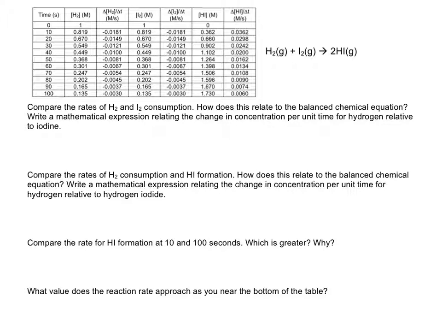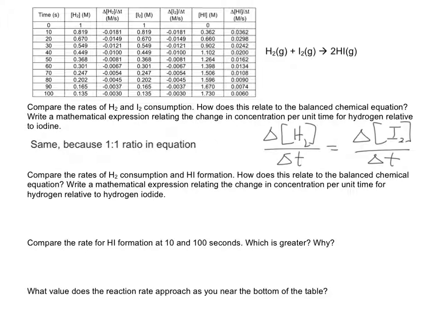So at 100 seconds, we have 0.135 left of H2 and 0.135 left of I2. So the rate of change of those two reactants is the same, and that is because the ratio in the balanced equation is 1 to 1. So if we use up 1 H2, we also use up 1 I2.